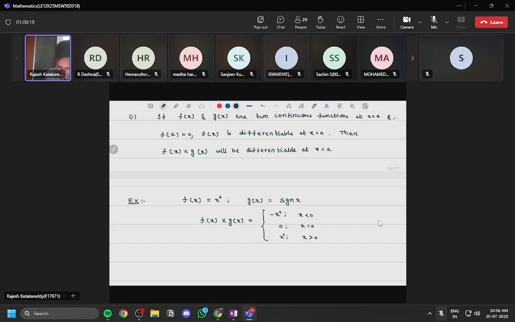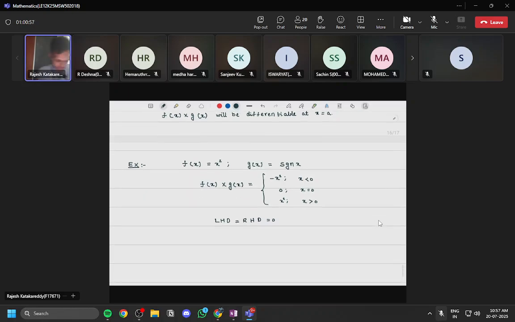Am I clear? So now it is definitely continuous. Agree with me, f into g is continuous. What about the differentiability here? What do you say about left hand derivative and right hand derivative? Left hand derivative at 0 is 0. Right hand derivative at 0 is 0. So I can see that LHD is equal to RHD is equal to 0. Right? I have given one example where g is discontinuous but the resultant is differentiable.